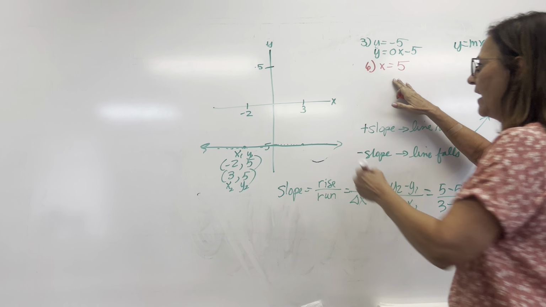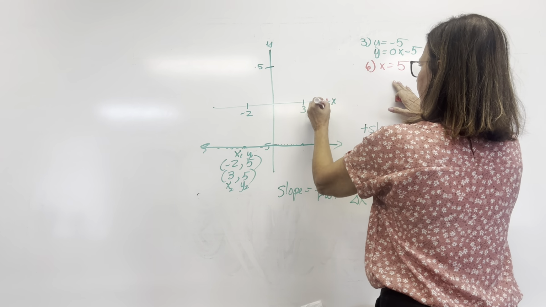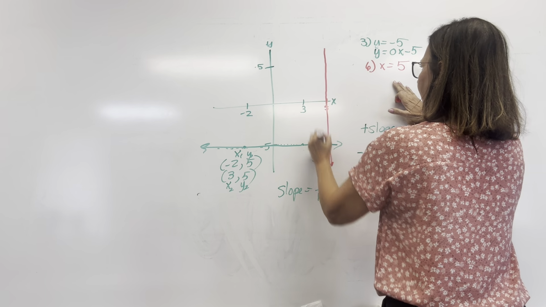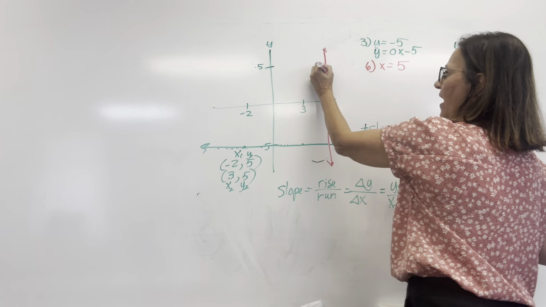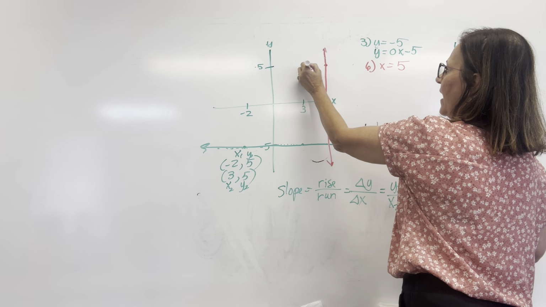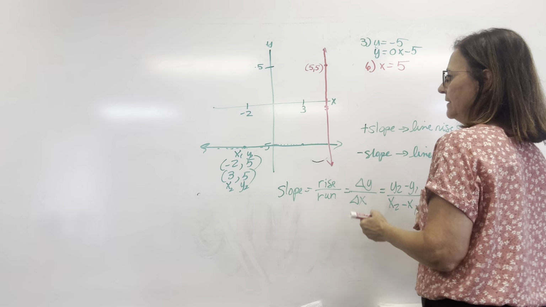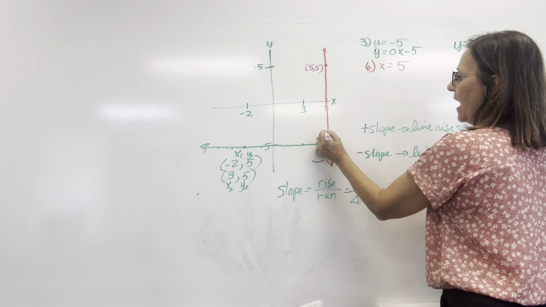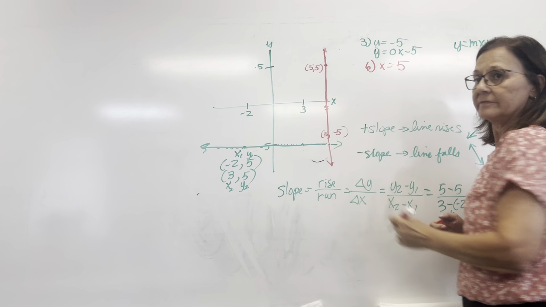It's always 5. Here, x is 5. Here, x is 5. So let's take this point, 5, 5, and we'll take this point, 5, negative 5.